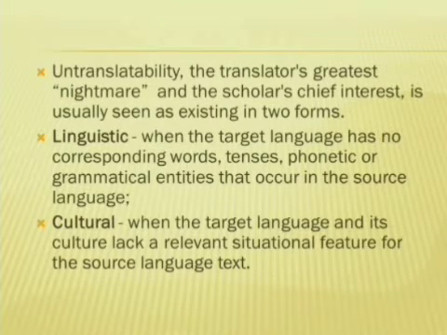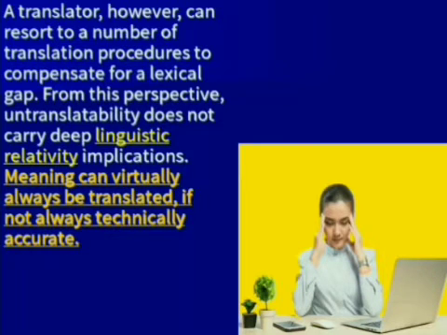Especially, they have no corresponding words, tenses, phonetic or grammatical entities that occur in the source language. The target language and its culture lack relevant situational features for the source language text. So, it happens only in this language. Any kind of event that happens only in one culture and will not exist in the second culture will cause untranslatability of some kind of phrases.